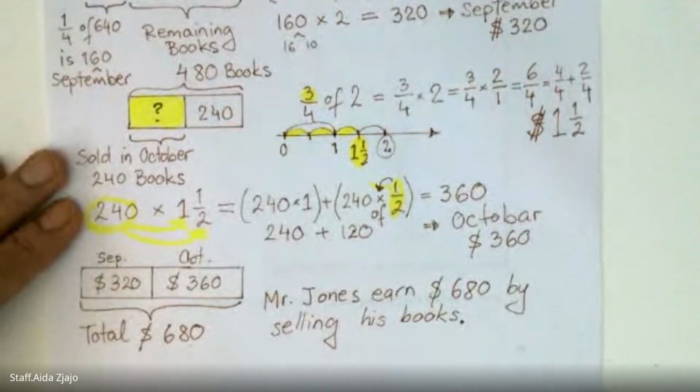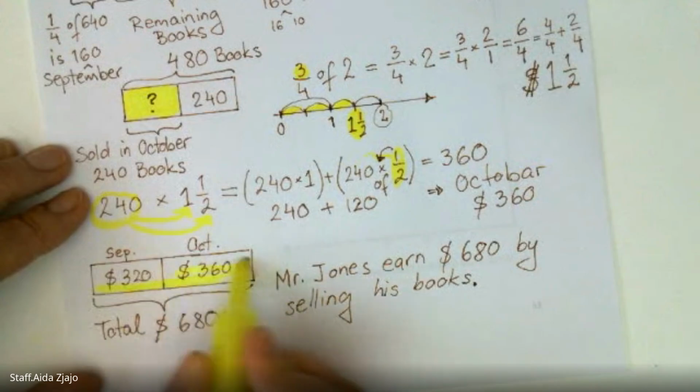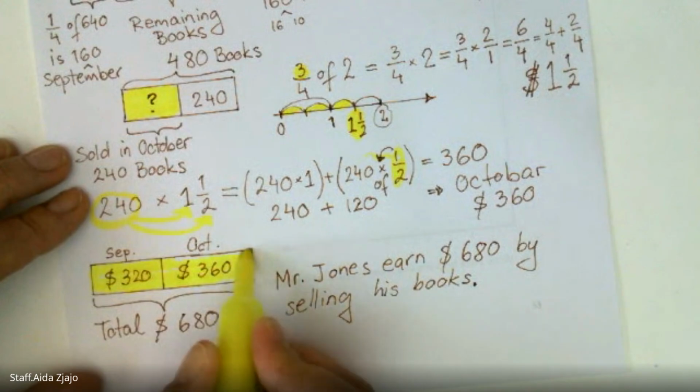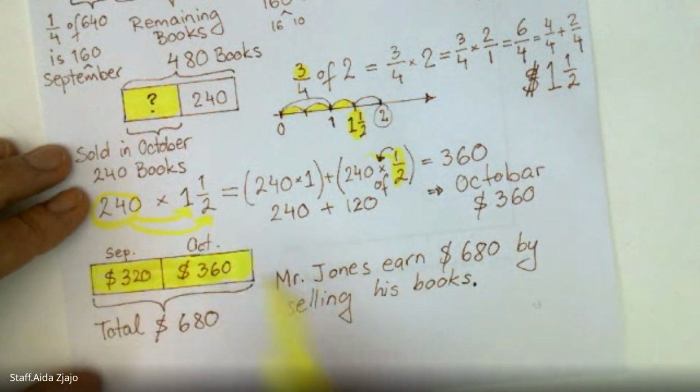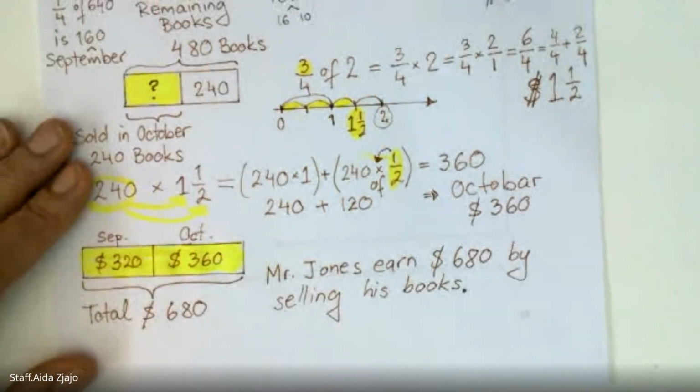It's a multi-step word problem, right? I like to finish with my highlighter. So this is the total, and Mr. Jones made $680.